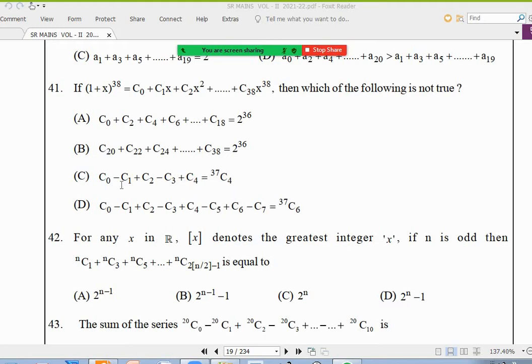38C0 minus 38C1 plus 38C2 minus 38C3 plus 38C4.